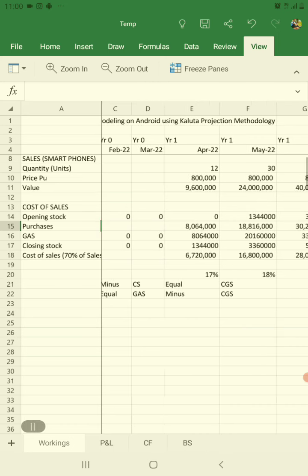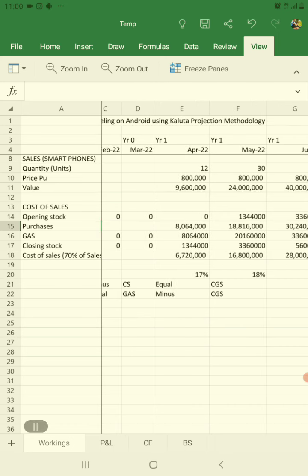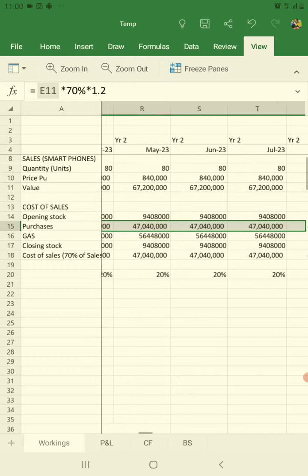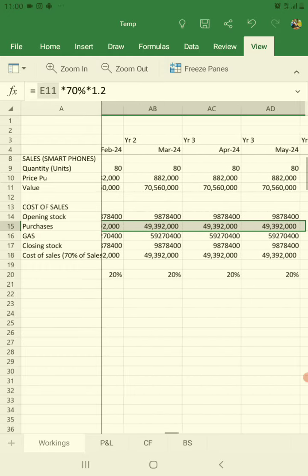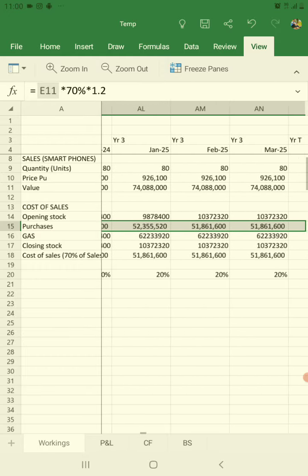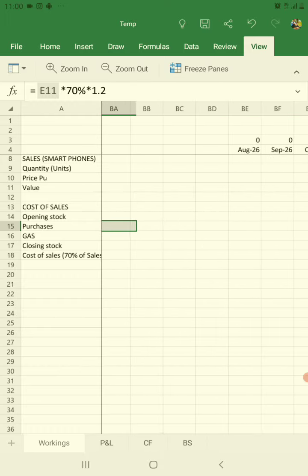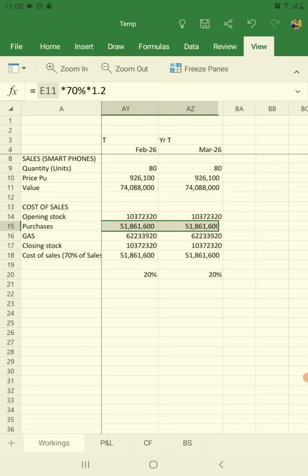Okay, so instead of putting purchases on a monthly basis here, for example, let me delete all these purchases we did. This is for illustration purposes only, but we will remain with monthly projections as I projected here.